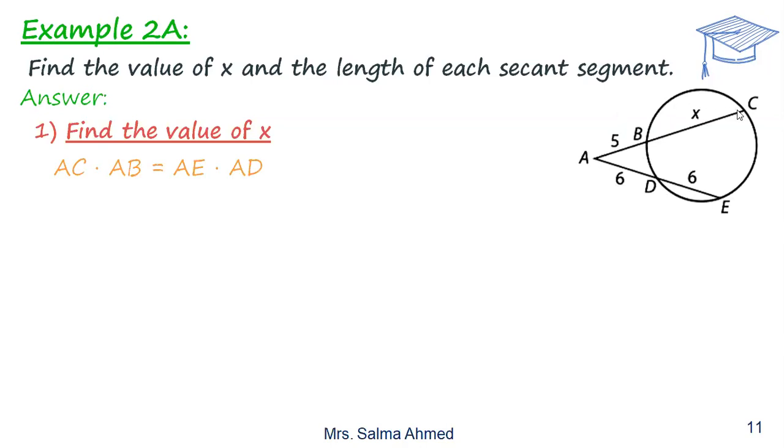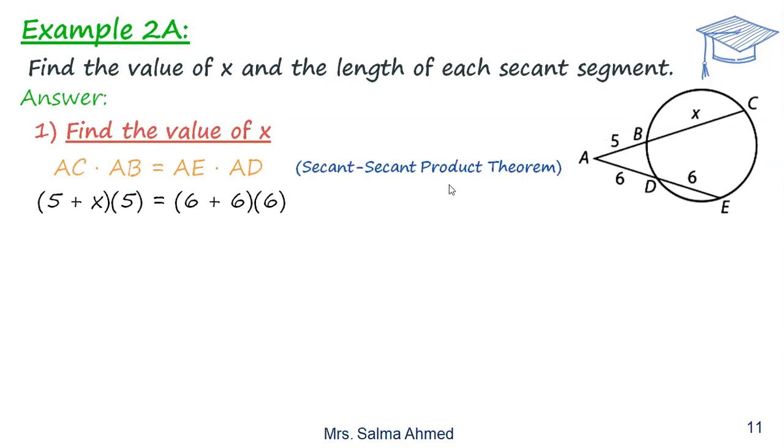Okay, AC, which is the addition of 5 and x. So I'm going to open a bracket to be 5 plus x. This is AC, times AB, which is 5, the external part. I'm going to repeat for the other, AE, which is 6 plus 6, times its external part, which is 6. Now I'm going to distribute the 5 on that bracket.